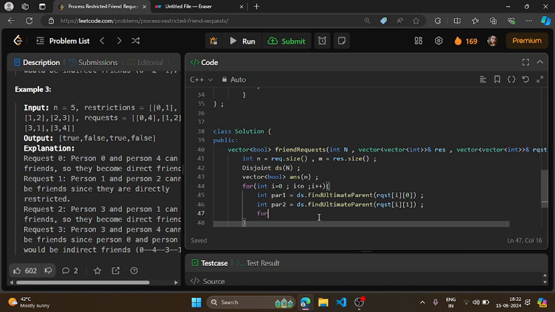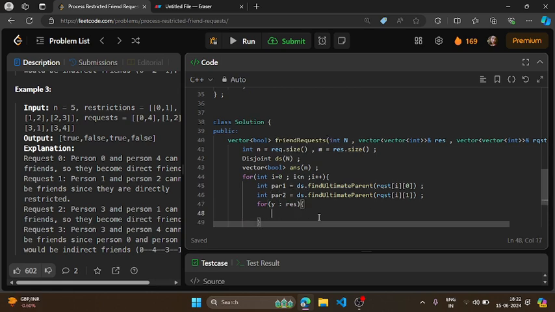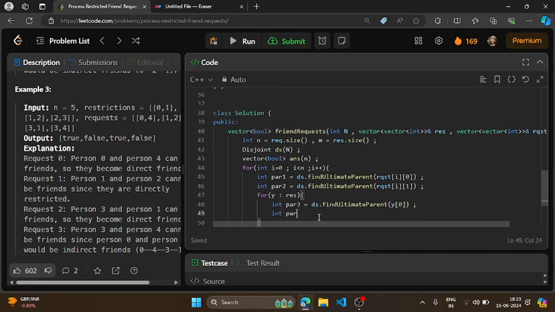Now I have to check for every restriction. So let's say y is my restriction in the restriction vector. Now I will find the parent of the restriction, so this is y of 0, and the other parent, parent 4, will be y of 1.